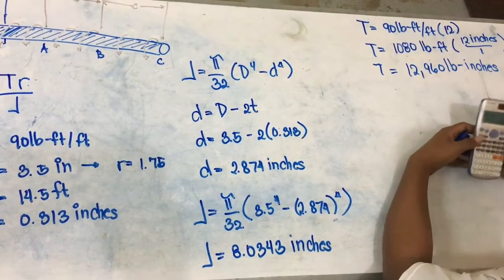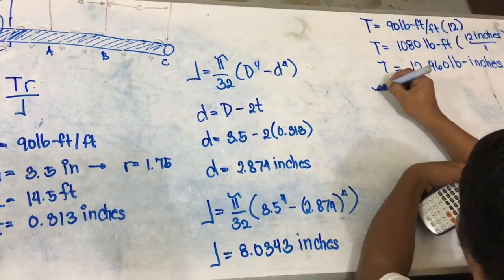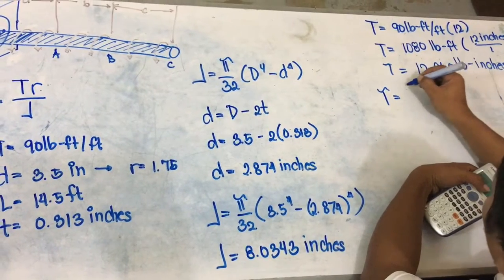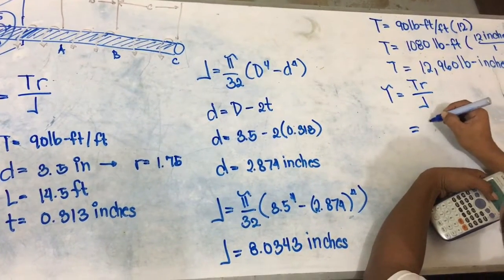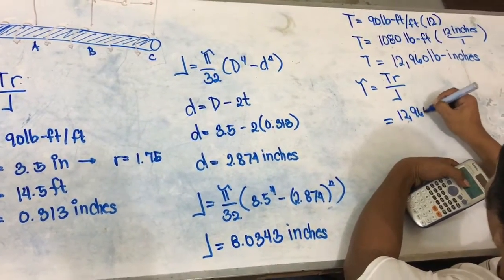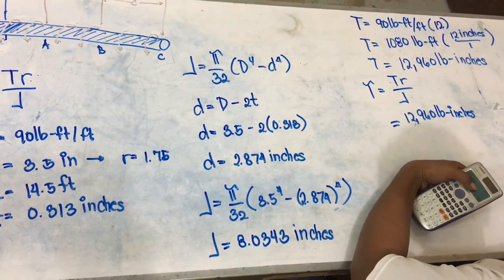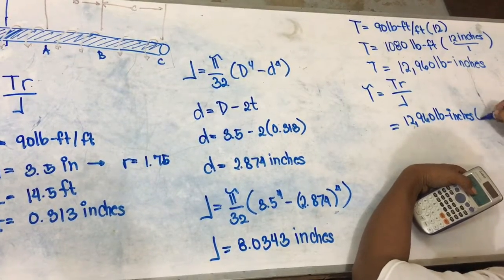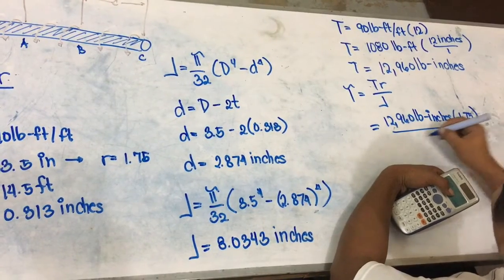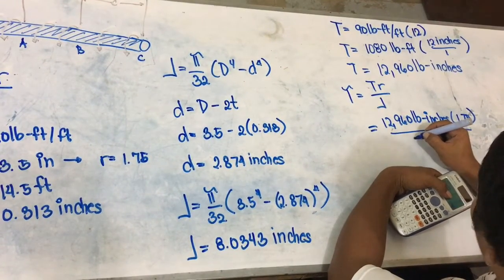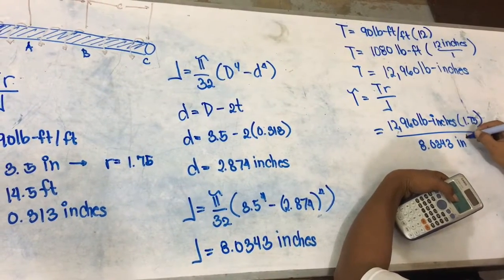We already have the torsion, the radius, and the polar moment of inertia, so we input all the values into our formula, tau equals TR over J: 12,960 pound-inches times the radius 1.75, over the polar moment of inertia, 8.0343 inches raised to the power of 4.